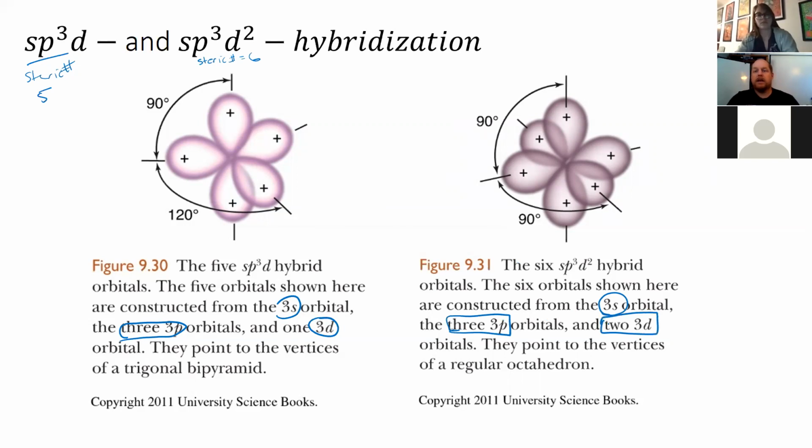So you'll notice that the number of electron groups, or the steric number, is going to equal the sum of the number of orbitals, right? 1 orbital coming from the 3s, 3 coming from the 3p, that gives you 4, and 2 more from the 3d gives you a steric number of 6. And so that's the hybridization of the central atoms of molecules that have a steric number of 6, that are octahedral in their electron geometry.